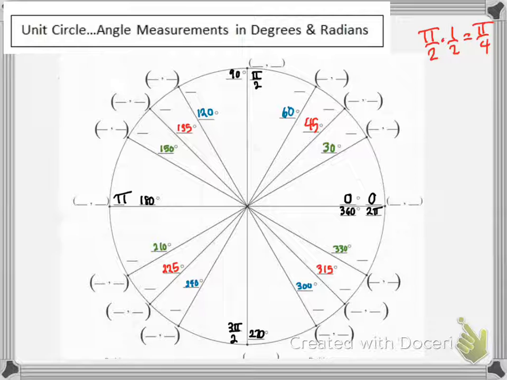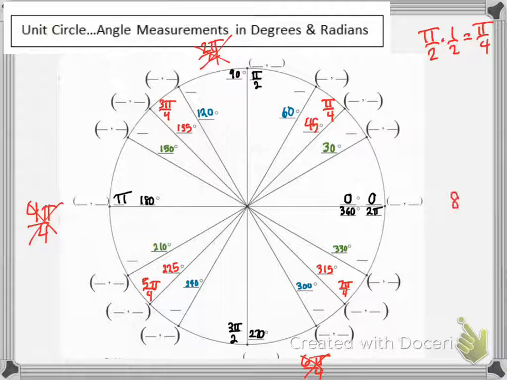So that in the center, where the other red one was, I'm going to do another red one that says pi over 4. 1/4 of pi. 2/4 of pi, which is just pi over 2. 3/4 of pi. 4/4 of pi, which is just plain pi. 5/4 of pi. 6/4 of pi, which reduces down to 3/2. 7/4 of pi.